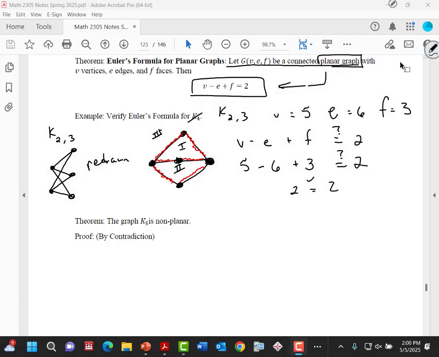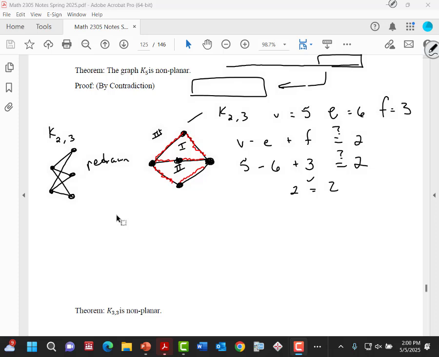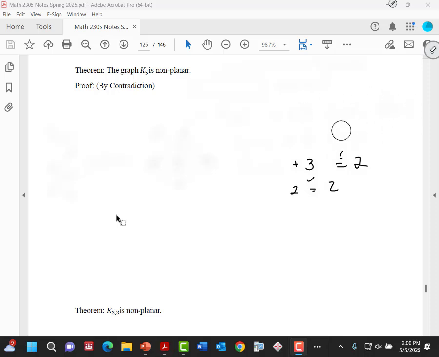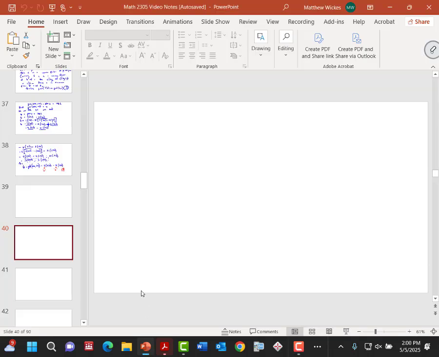Okay, let's do this last example right here. Theorem. The graph K5 is non-planar. Okay. Slide over here and do this one in PowerPoint.